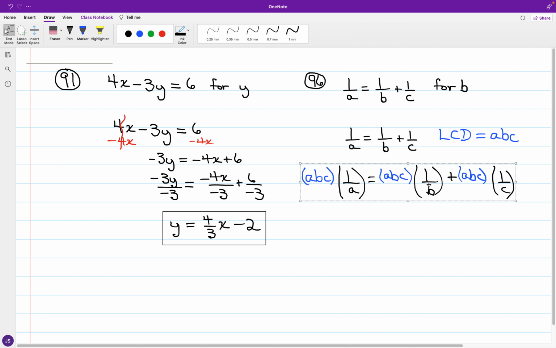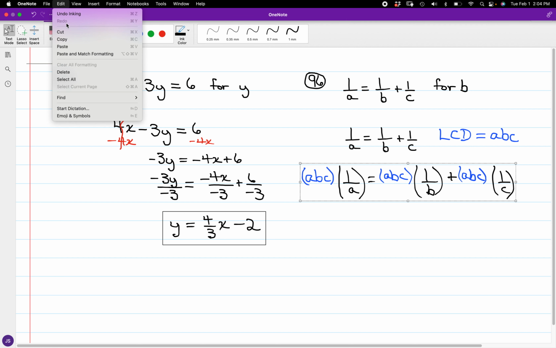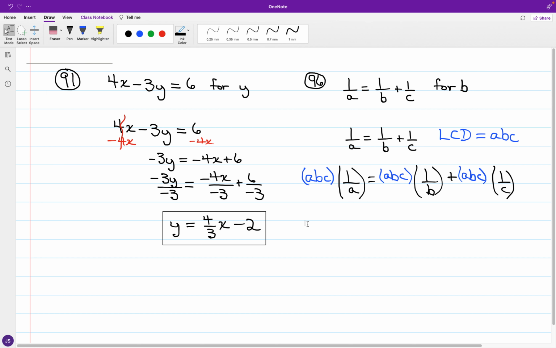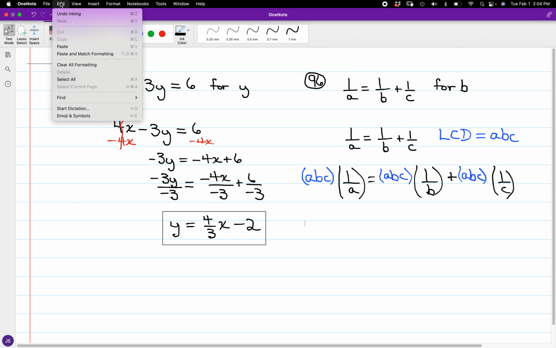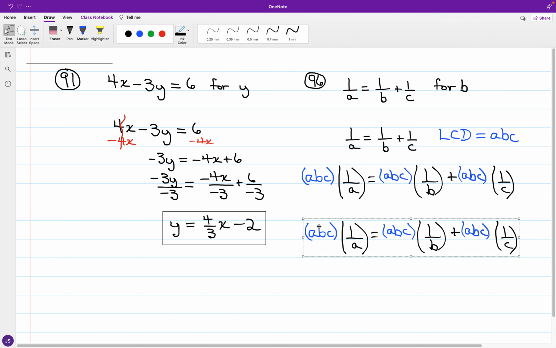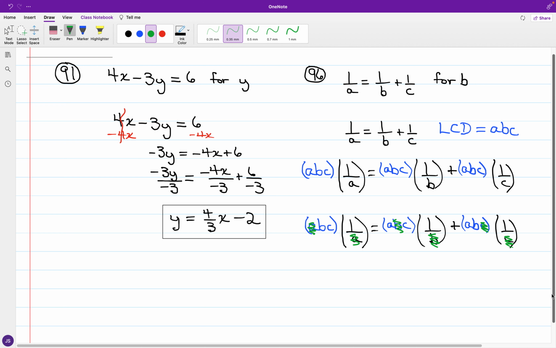So multiplying all three of these terms by ABC, with the first term, we have 1 over a, and so the a's are going to cancel. And also looking at it along the lines of cross multiplying, b is going to go out, and for the last fraction, c is going to go out.